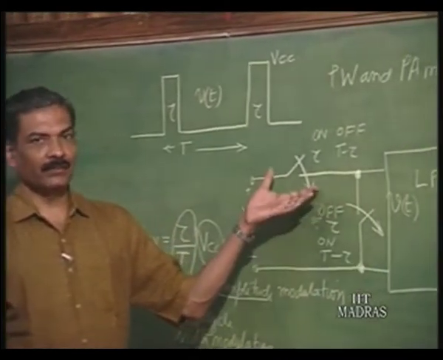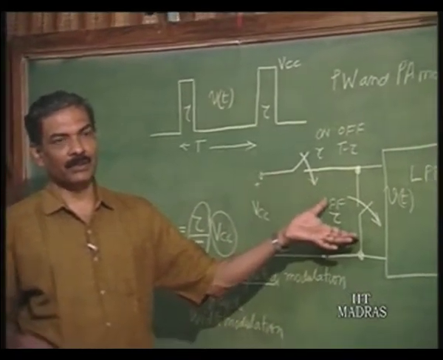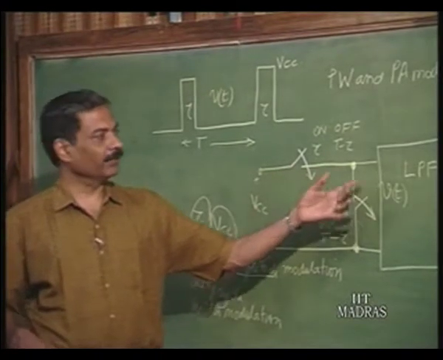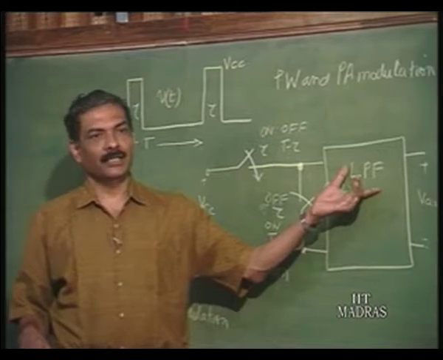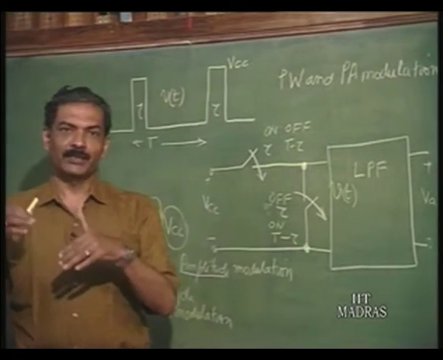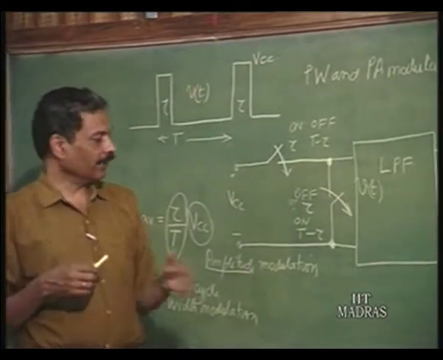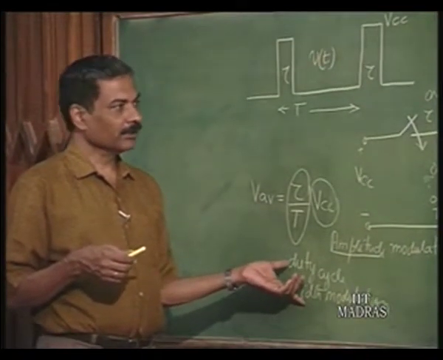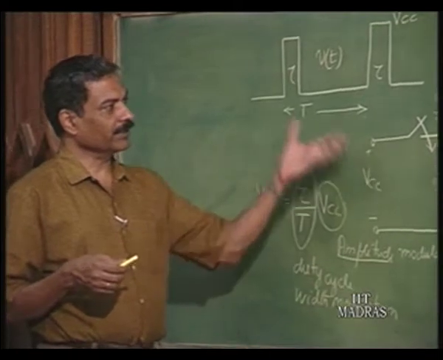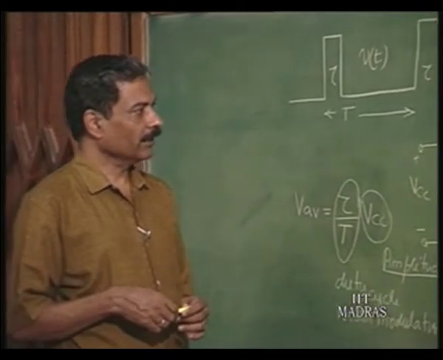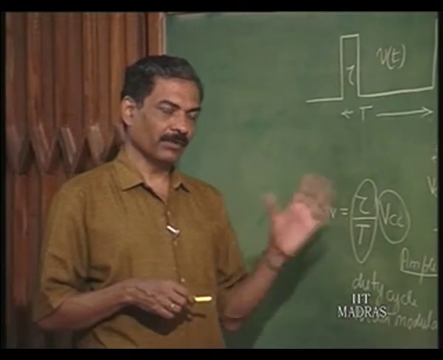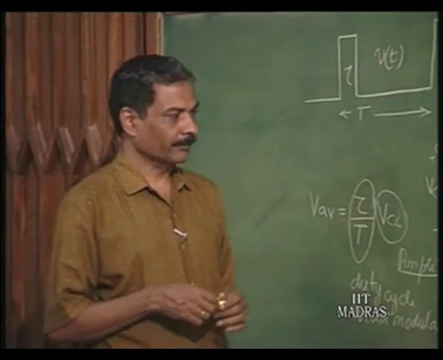Nowadays, we have power switches which can operate up to 1 megahertz, and therefore, the low pass filtering inductor and capacitor could be made very small in size, and the modulation information can occur at low frequencies. So, this is a very good scheme for efficient power conversion from one form to another.